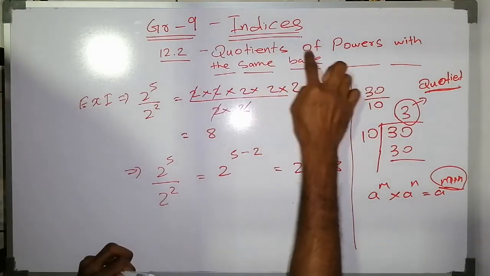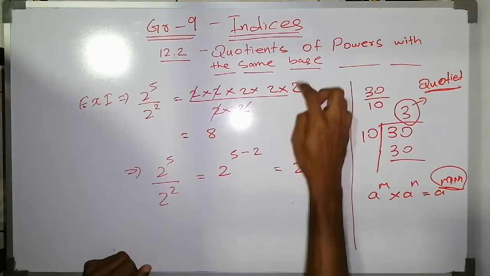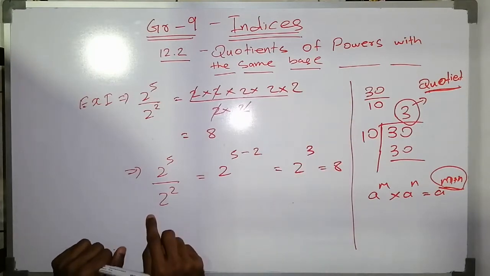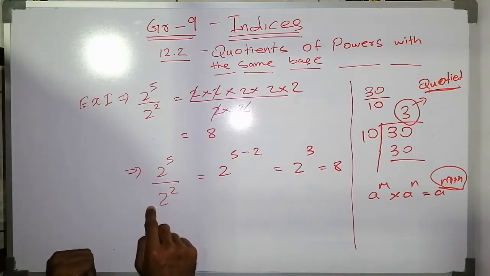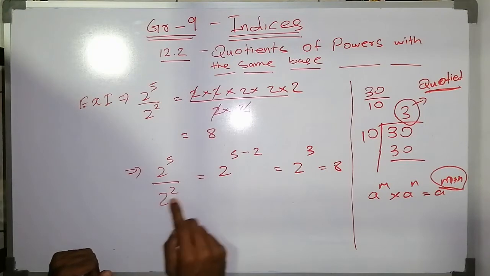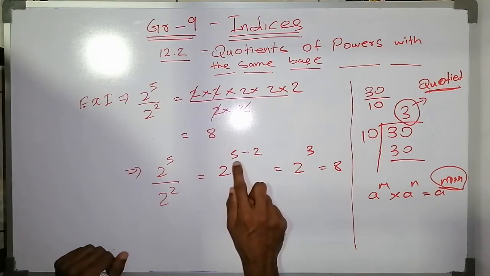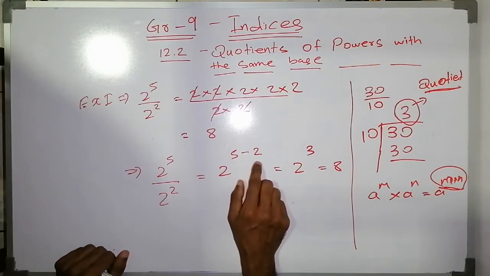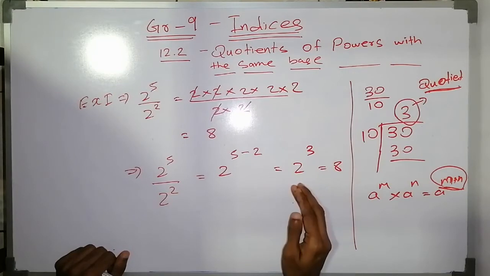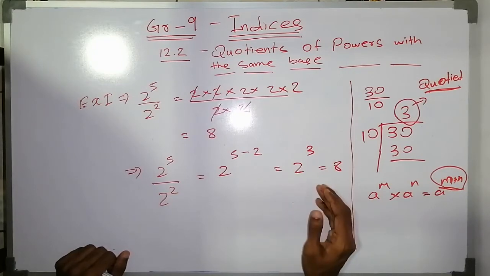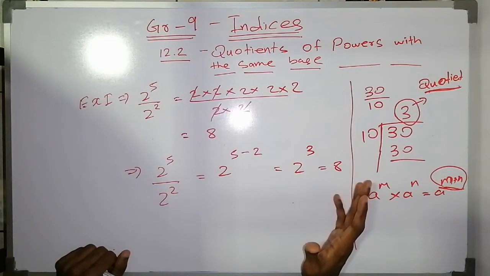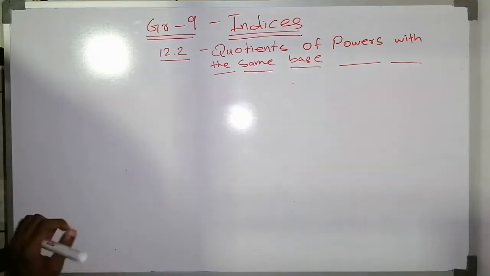So, the quotient of powers of the same base. When we divide two index forms with the same base, the first step, from the law, is to subtract the index. Then you have an answer and you can proceed with the similar mathematical steps.